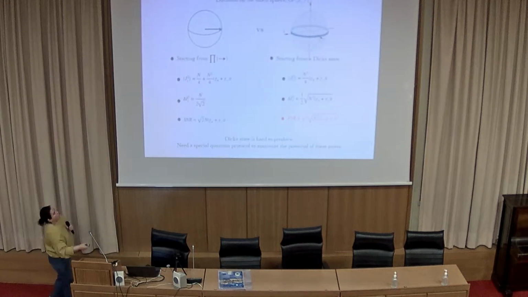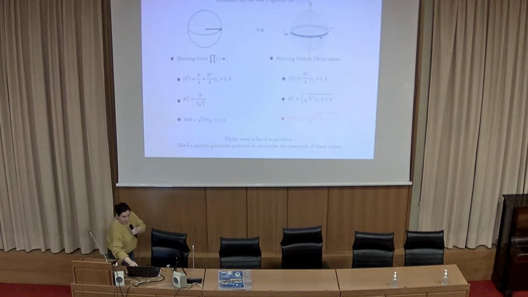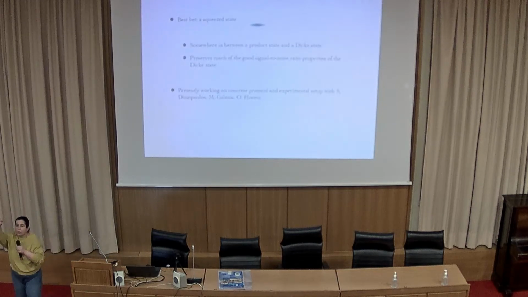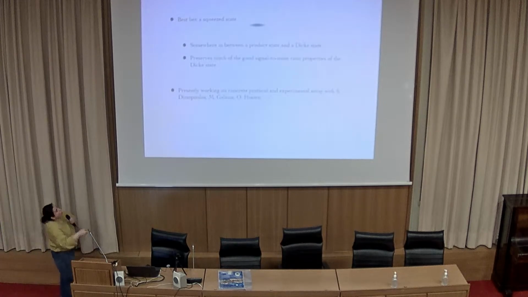The problem is now, these are hard to prepare. The best thing you can do is something in between, what in quantum optics they call squeezing of states, which is somewhere between the product state and the decay state. And this is exactly what we're doing now.